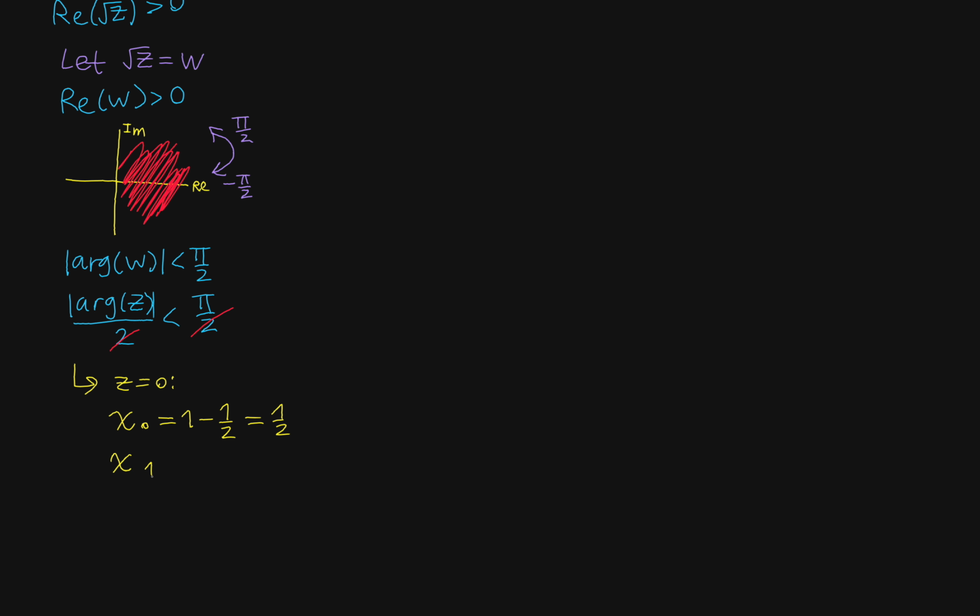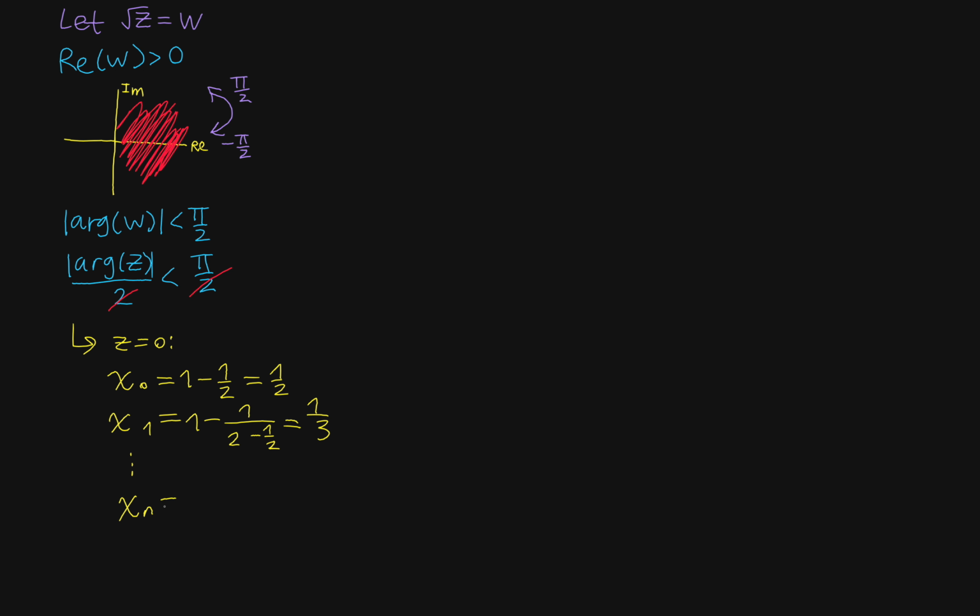Then we have x1 equal to 1 minus 1 over 2 minus 1 over 2, which after simplification becomes 1 over 3. And in general, we have the nth convergent is equal to 1 over n plus 1. And you know that this approaches 0, which is the square root of 0, as n approaches infinity.